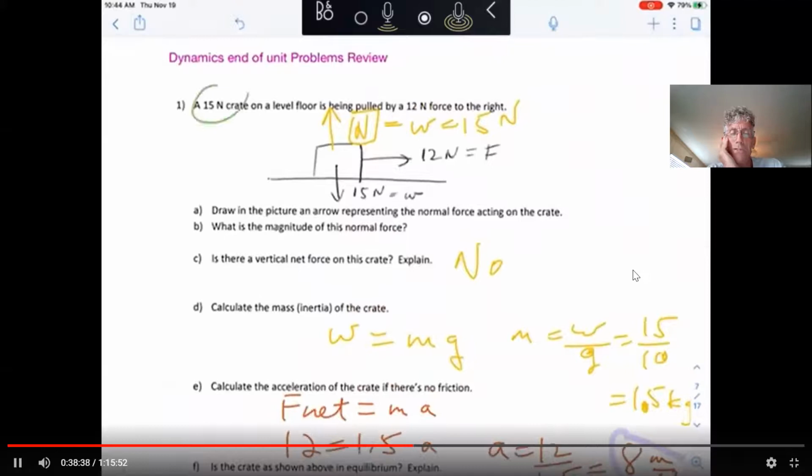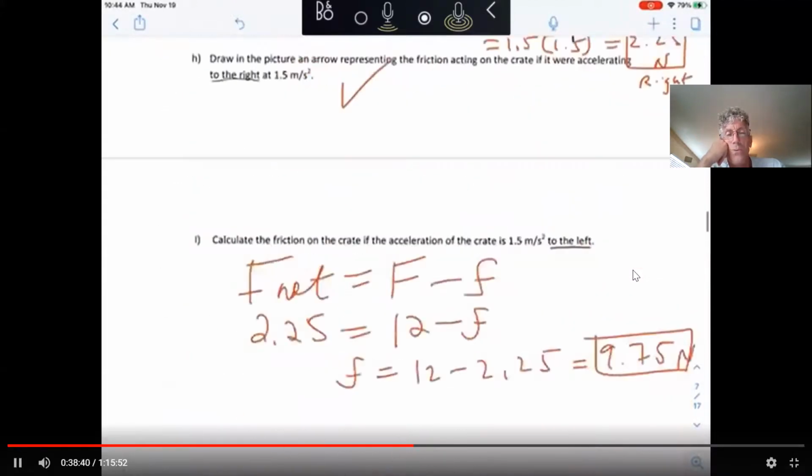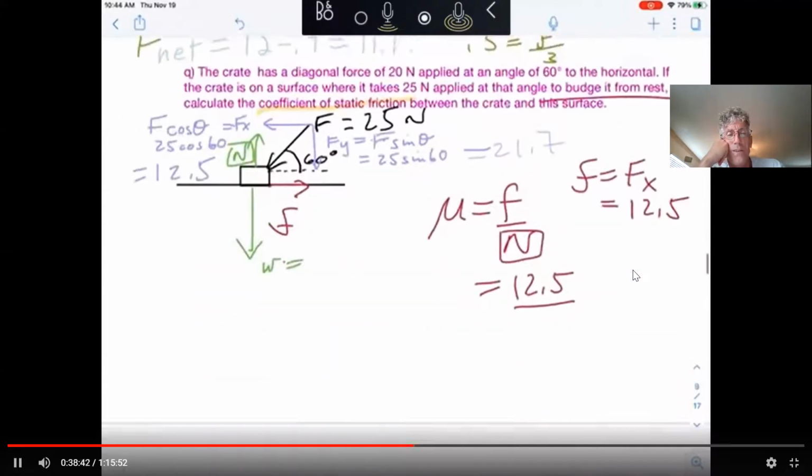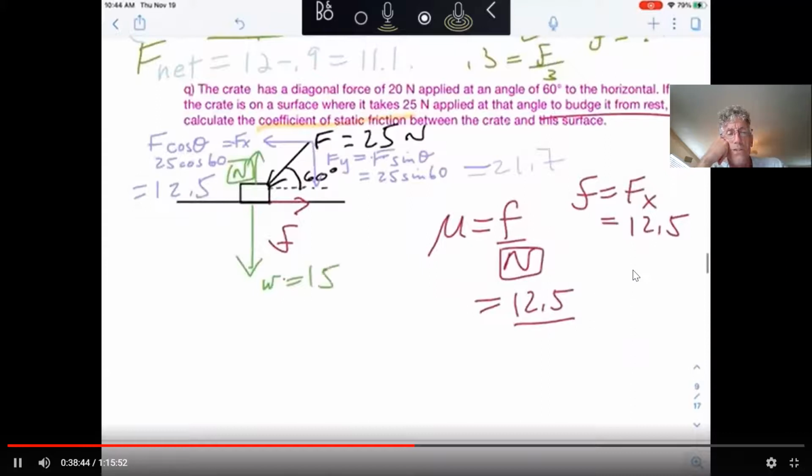That's the weight, same crate. So 15 newtons is pointing down. Is that the only downward force? No. Fy is also a downward force. So I have to add those two and equate it to the normal force because it's in equilibrium vertically. So W plus Fy is equal to N.